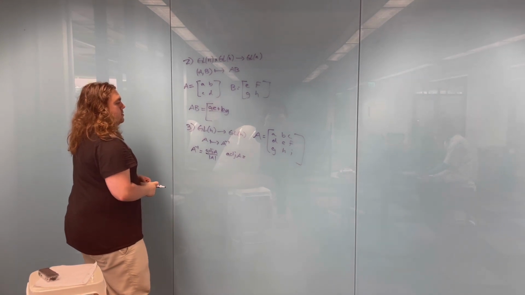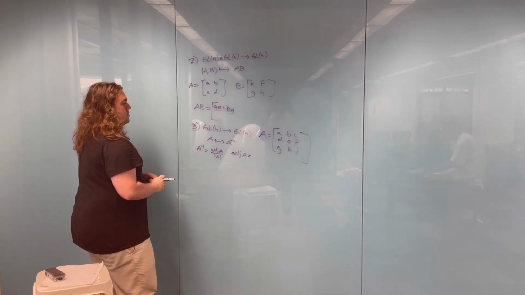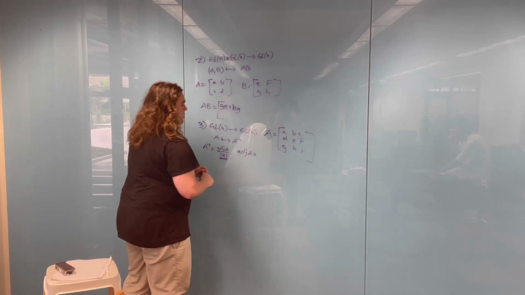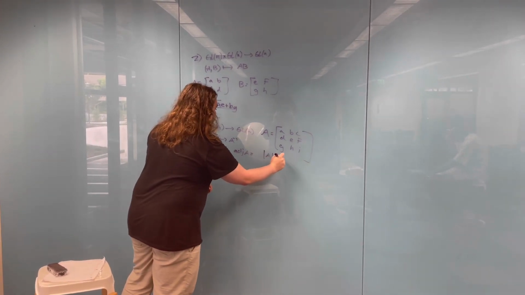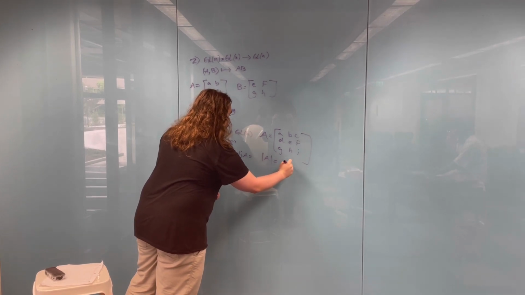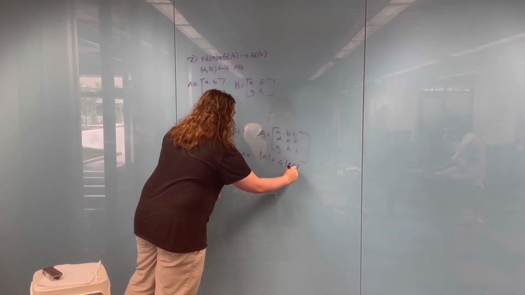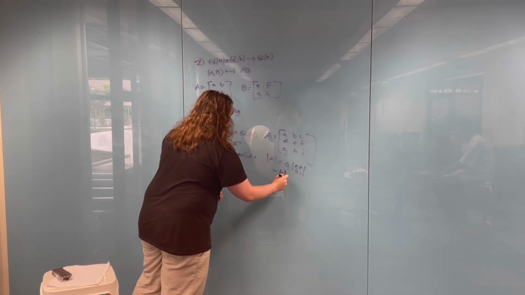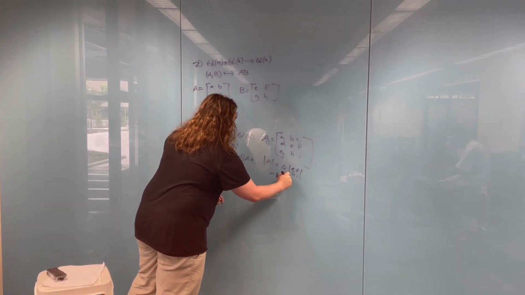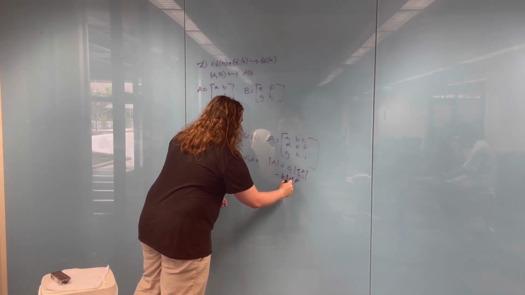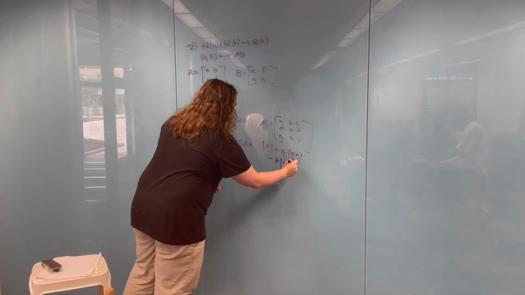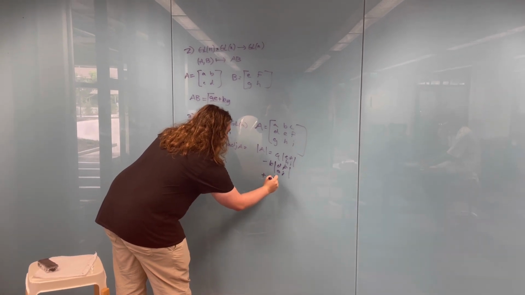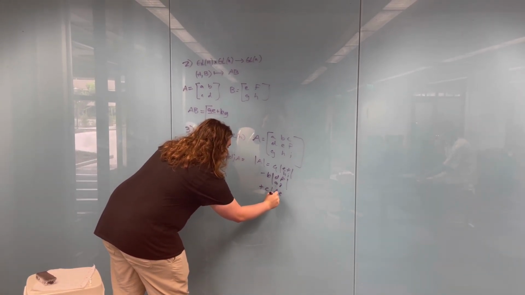Then the determinant of A would simply be a times the determinant of e, f, h, i minus b times the determinant of d, f, g, i plus c times the determinant of d, e, g, h.